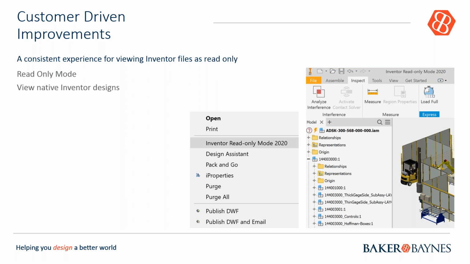So anyone that does not have Inventor installed can use this read-only mode just by downloading an Inventor trial. The trial gives access to full Inventor capabilities, but of course it's time-bound to 30 days. But the read-only mode does not expire, so you could have the Inventor read-only mode running, and just the trial would expire, right?